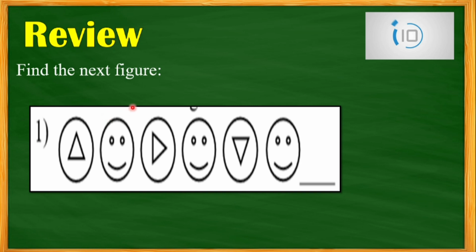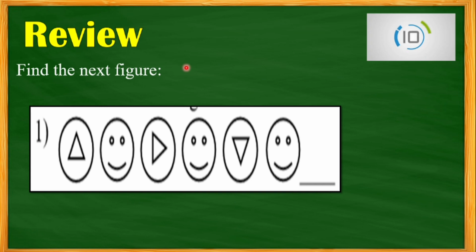So you have 10 seconds to answer each of the numbers. The direction is you're going to find the next figure. For number 1, you have 10 seconds. Your timer starts now. Time's up.